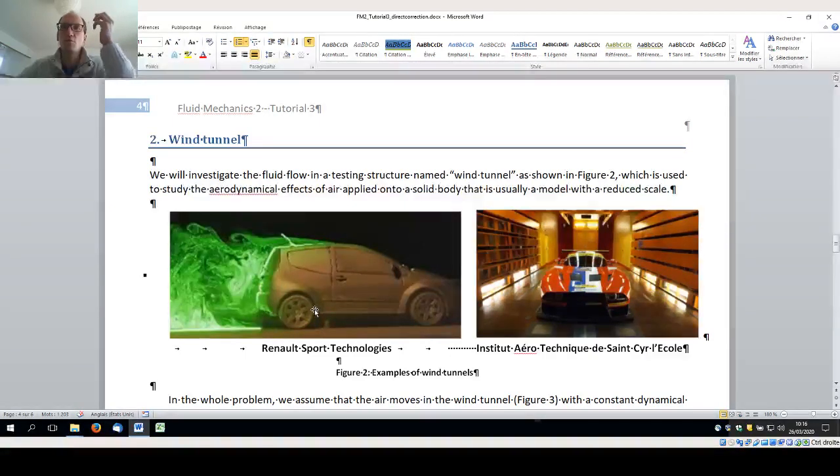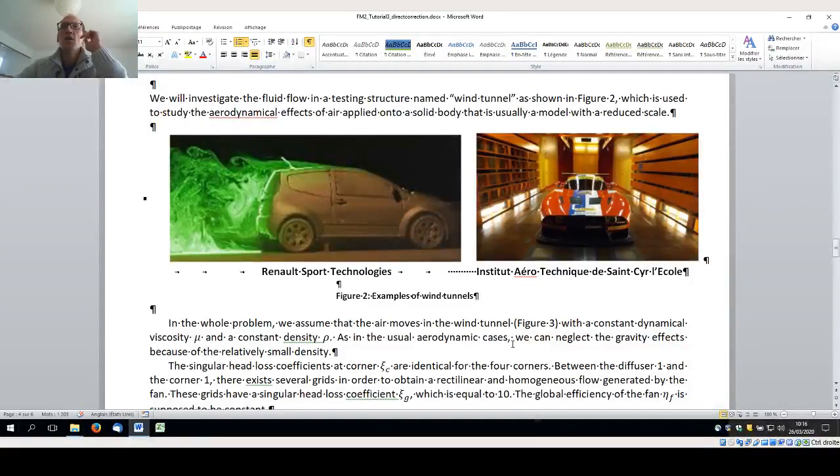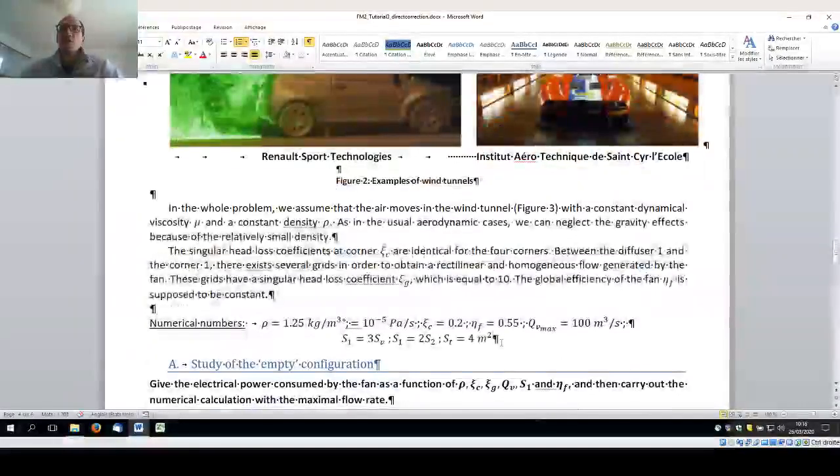It's quite useful to have experimental facilities like this to study what's happening at model scale in order to possibly extrapolate it to full scale. Yeah. So here you can read what is written.